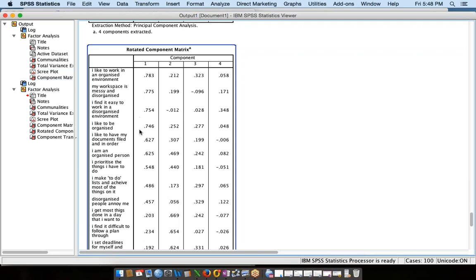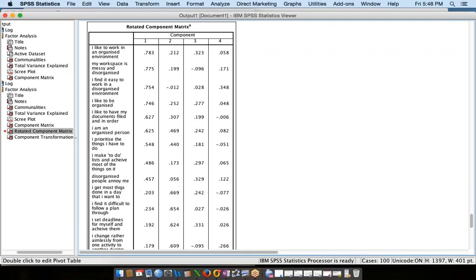So first here, these down to disorganized people annoy me. That's your first factor, and your second factor starts with I get most things done in a day that I want to.